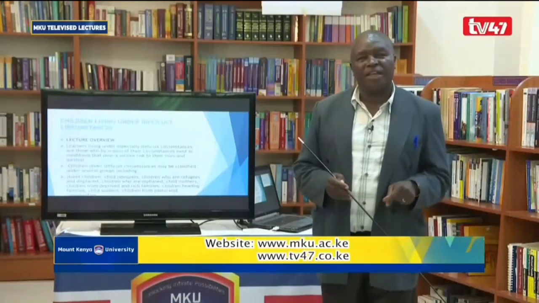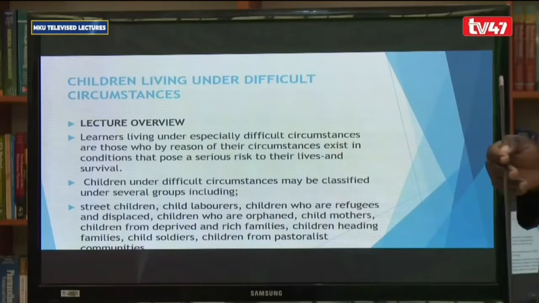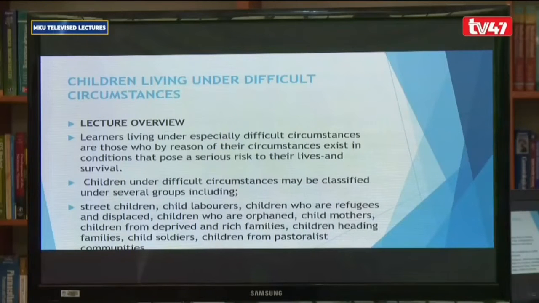Both are children. And they have to take care of this young one, the baby. And then the mother has to be taken care of by the parents. In such a scenario, you find that such children are also classified under risk or under difficult circumstances.